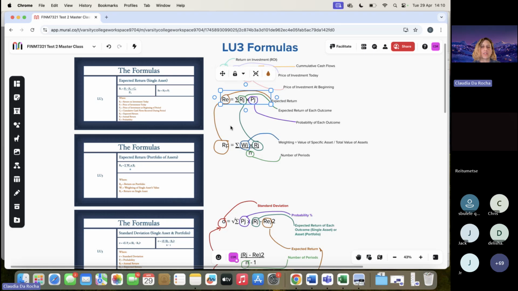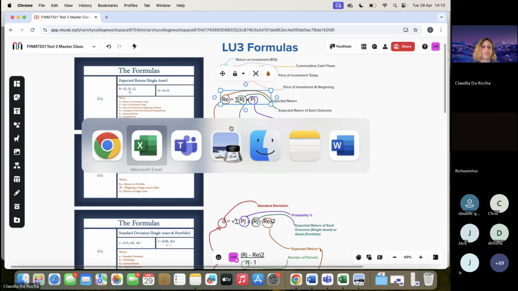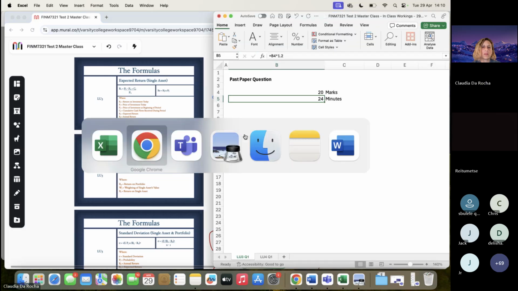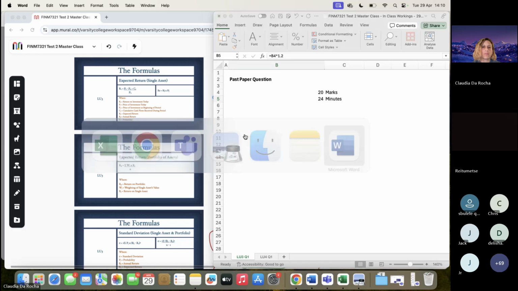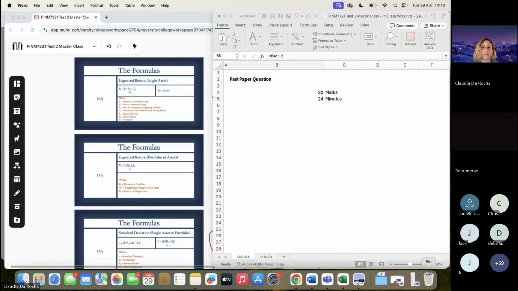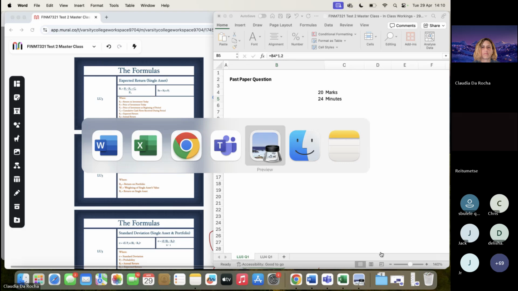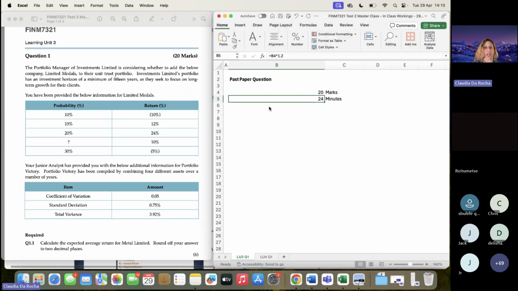R is equal to the sum of RJ times PJ. So part one is calculate the expected average return.